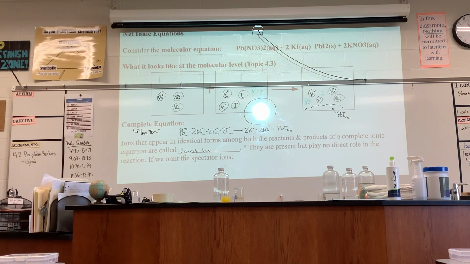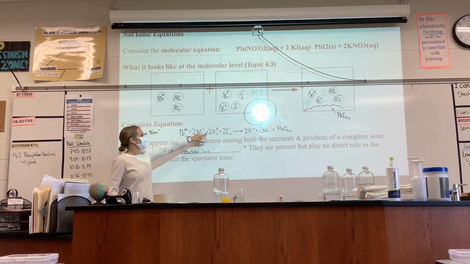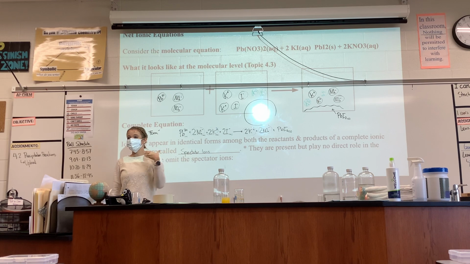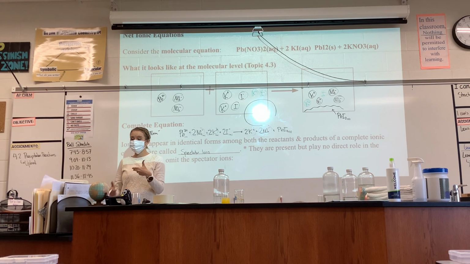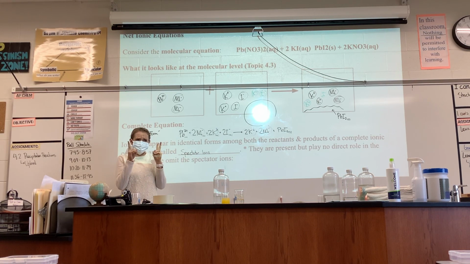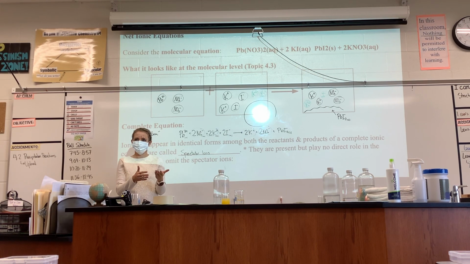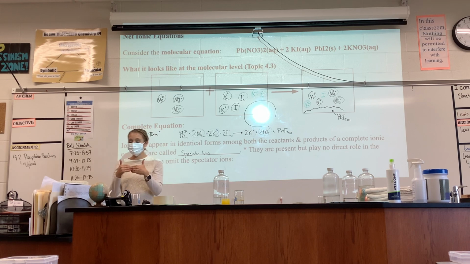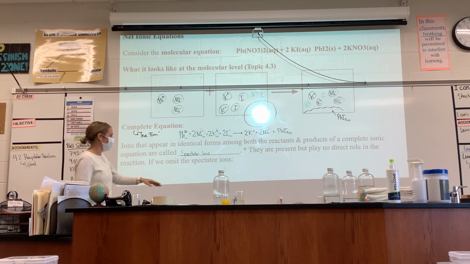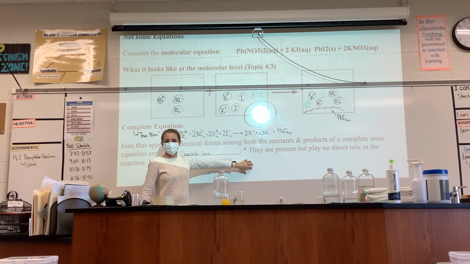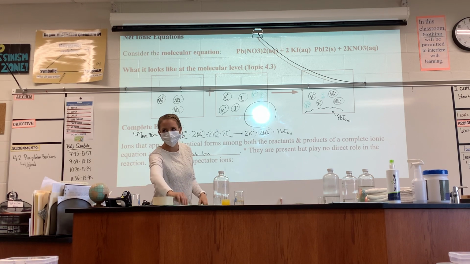Okay, so potassium and nitrate, everybody. These are classified as our spectator ions. In a sense, they're not really part of the reaction because they don't do anything to make something happen. So the end goal of today is to write what is known as the net ionic equation. This will go in your next box on your notes.